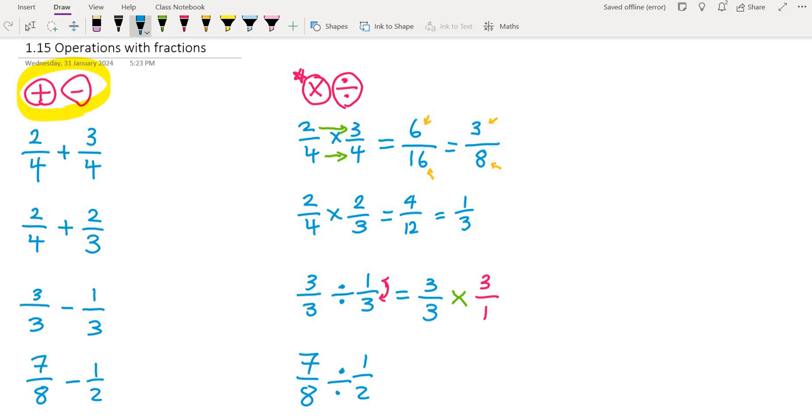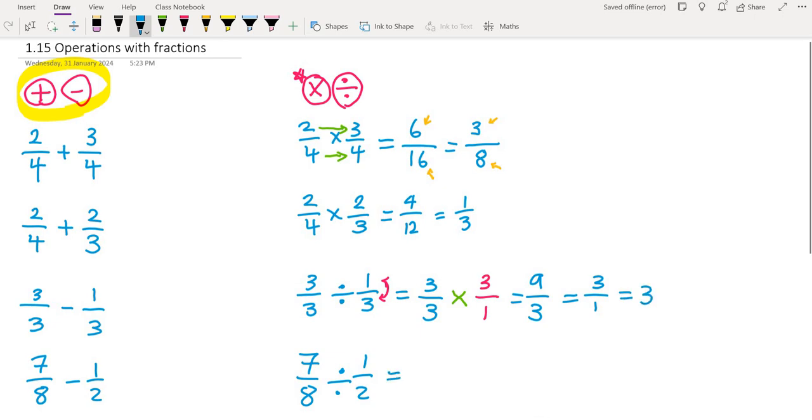So we change the sign, we switch the top and bottom for the second fraction, and from here it's times now, so we just times the top, times the bottom, simplify as much as we can, and that's all we need to do.